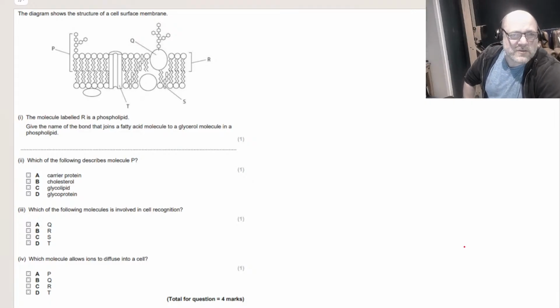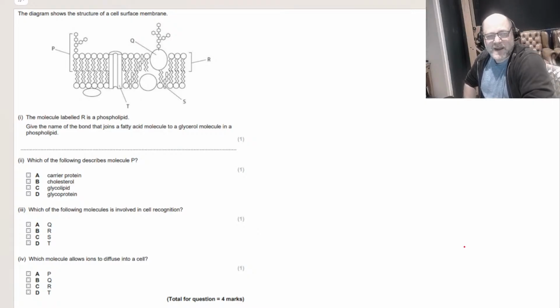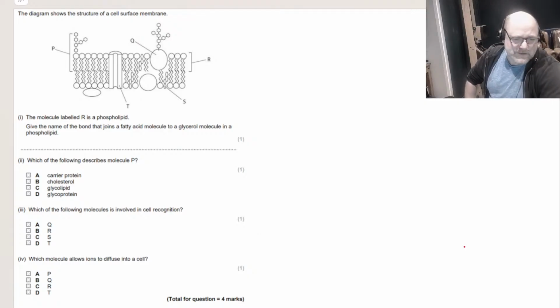The diagram shows the structure of a cell surface membrane. The molecule R is a phospholipid. Give the name of the bond that joins a fatty acid molecule to a glycerol in a phospholipid.